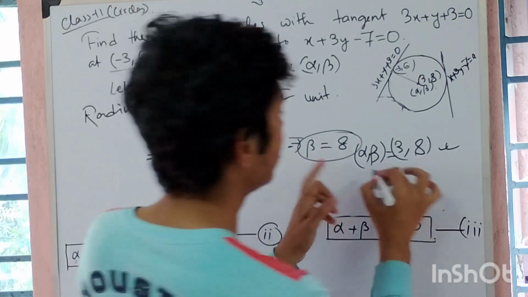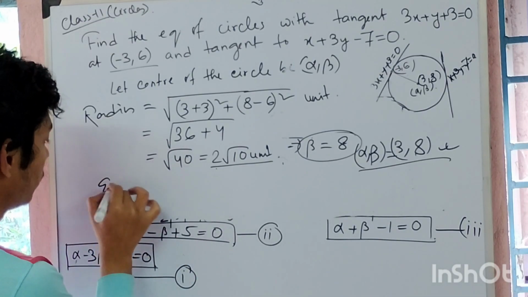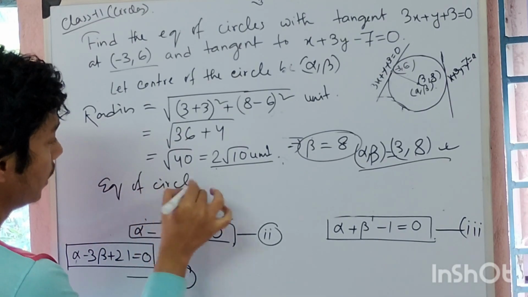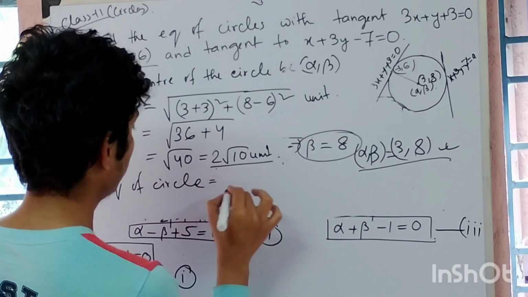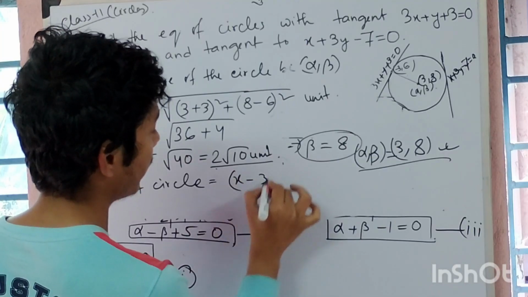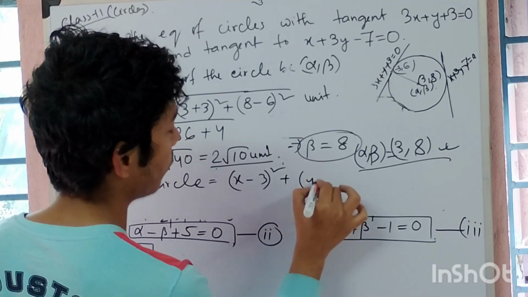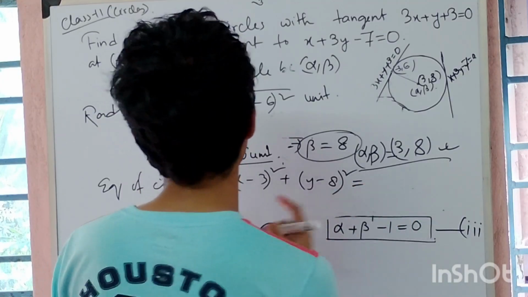If my center is this one and my radius is this one, I can easily write the equation of the circle. One equation of my circle is x minus alpha whole square plus y minus beta whole square equals r square. What is my r?